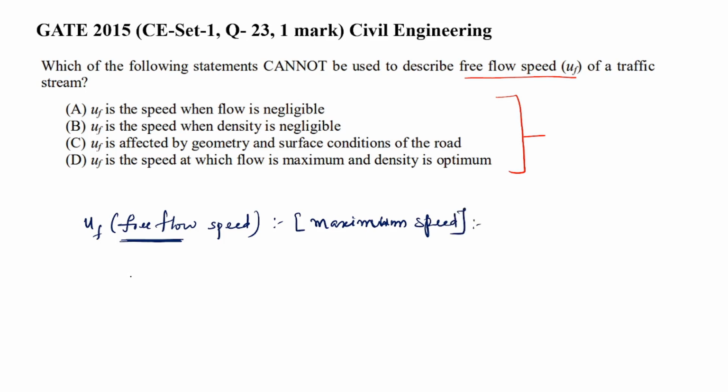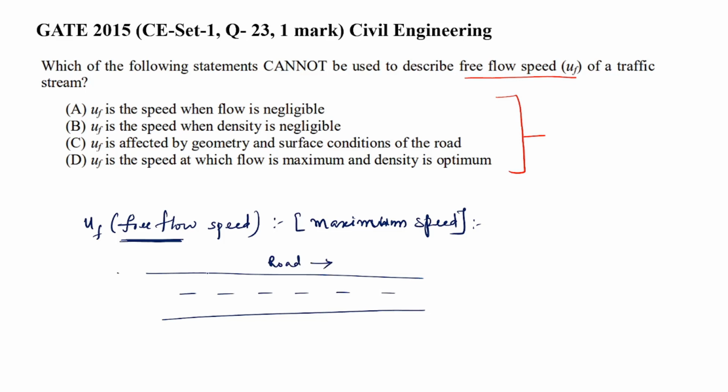See, let us say this is the road, road length. Now when there are no vehicles on the road, when you cannot see the vehicles on the road in your eyesight, then you go with maximum speed possible, right?